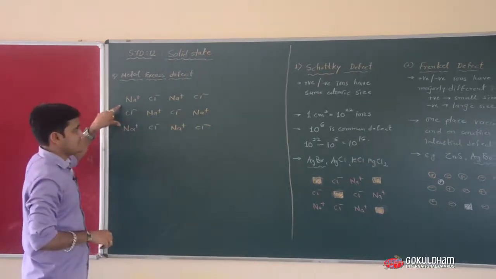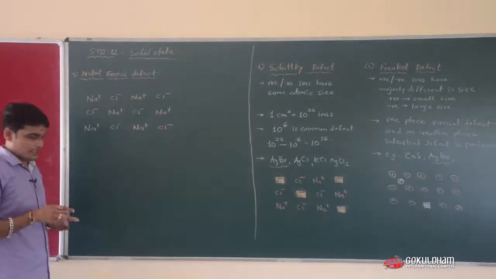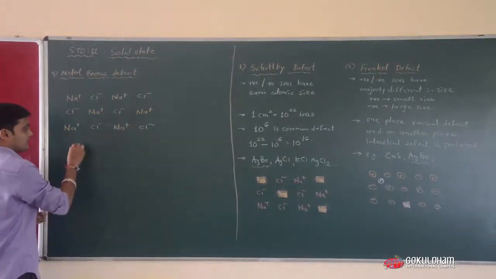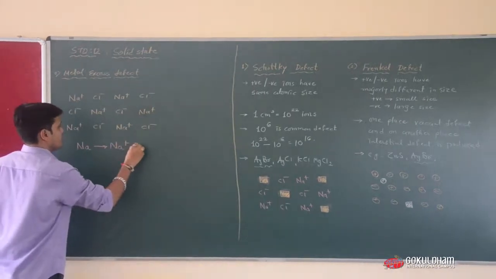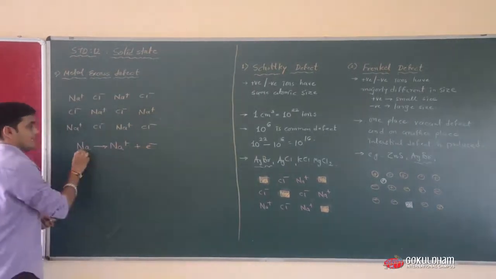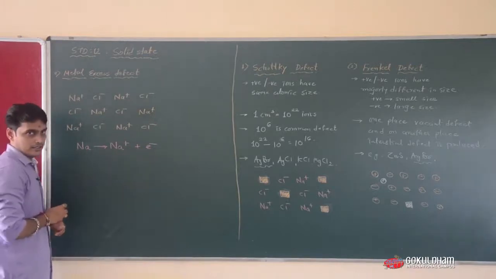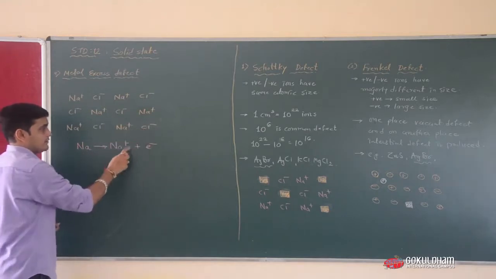Now this NaCl is heated in the presence of sodium vapour. When you heat this in the presence of sodium, then the sodium will liberate its one electron. So Na is converted into Na+ and an electron is liberated over here, and the other Cl- will react with this Na+.